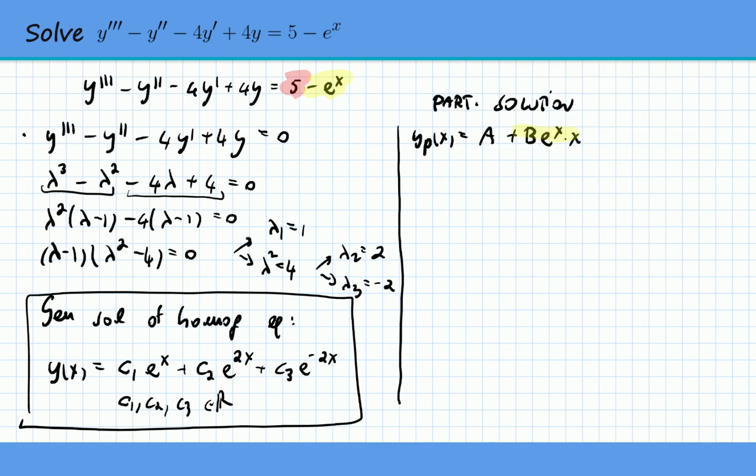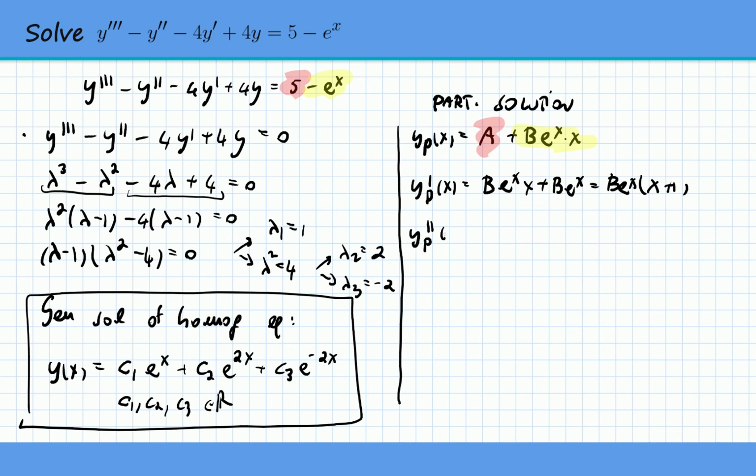And now we can proceed and check if this actually works. So this is supposed to be dealing with the minus e to the x part, and this is for the constant 5. Now let's take derivatives. The first derivative is just 0 plus b e to the x times x plus b e to the x. Here we have to use a product rule. Let me factor b e to the x to simplify the following computations, so times x plus 1.